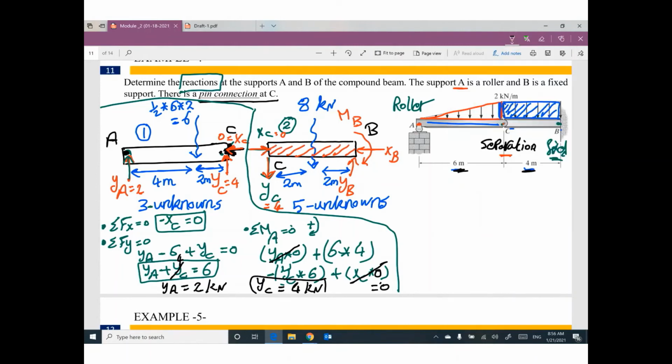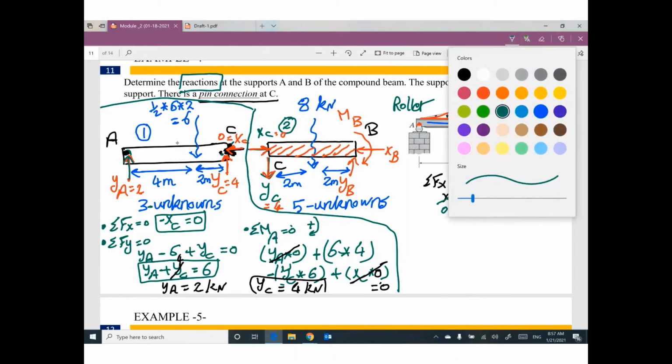I will apply summation Fx equals 0. So we have XC minus XB equals 0. XC was 0. That means XB will be 0.